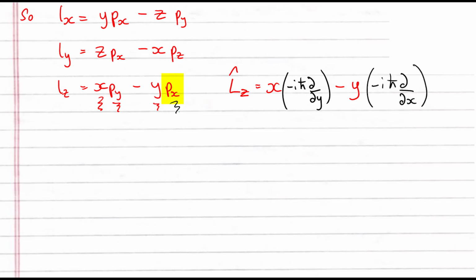So we're inserting operators now, so the final operator that we end up getting is equal to minus i h bar x d by dy plus minus i h bar y d by dx.